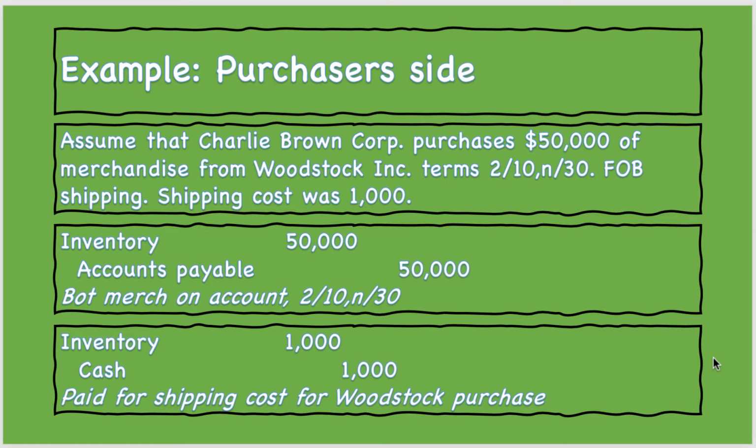Now let's think about this for a minute. We are paying for shipping, right? Why don't we just use shipping cost or shipping expense and just pay it with cash? Well, we need to realize that when we are determining our inventory value, the value of inventory is determined by a number of things.